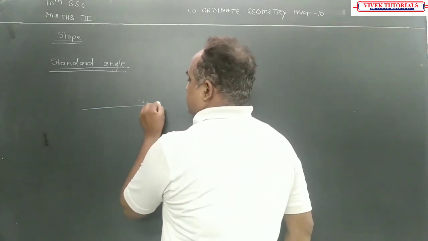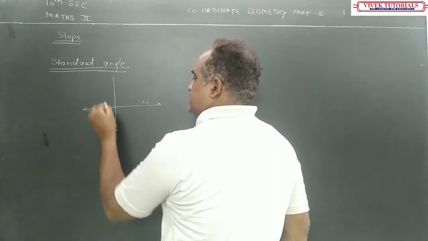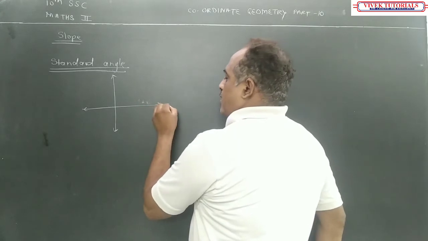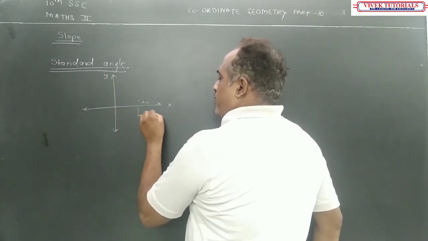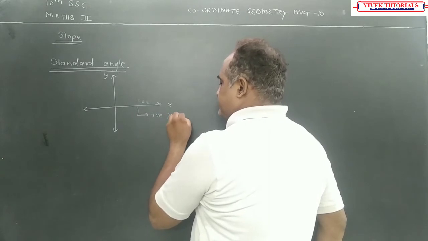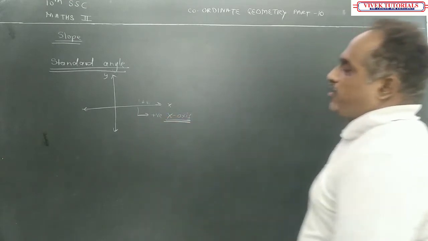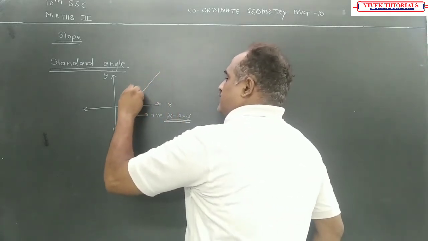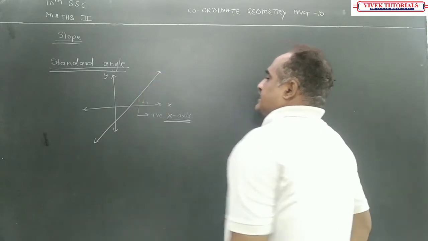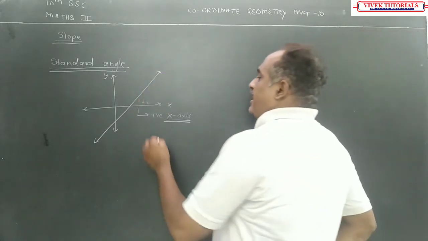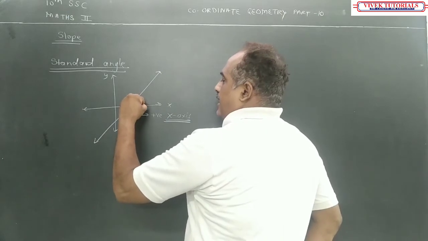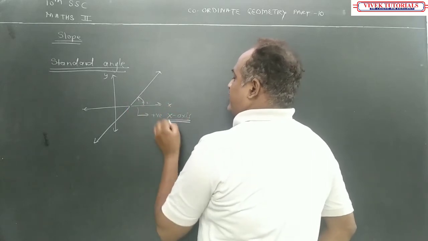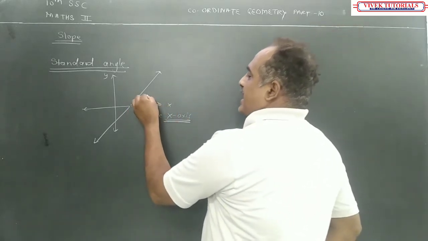We know that this is the x-axis and this one is the y-axis. This part is called the positive x-axis. And if a line is there, then the angle made by that line with the positive x-axis, in the direction of the positive x-axis, is theta.